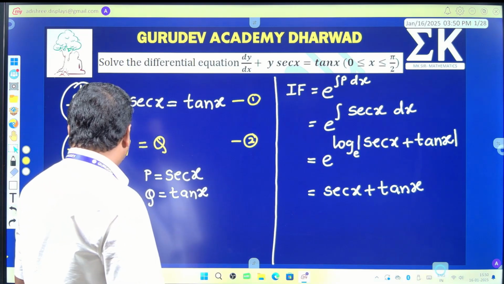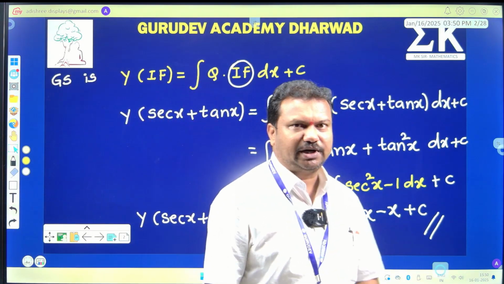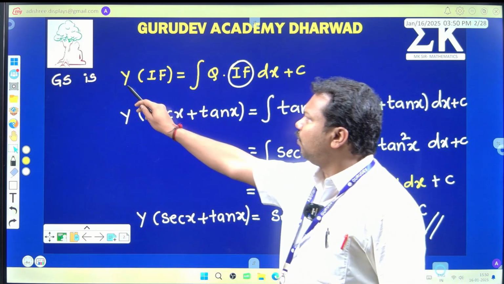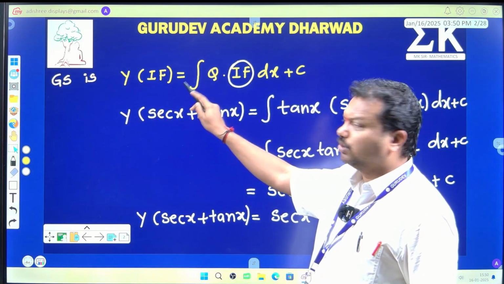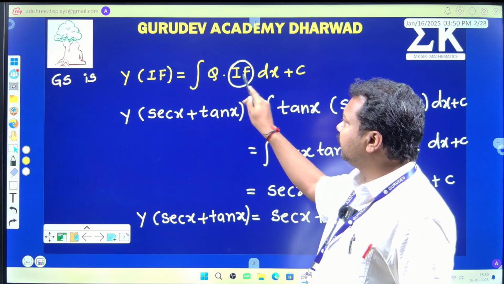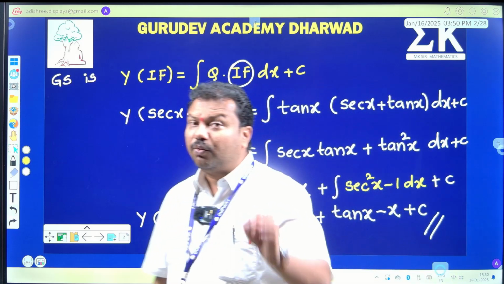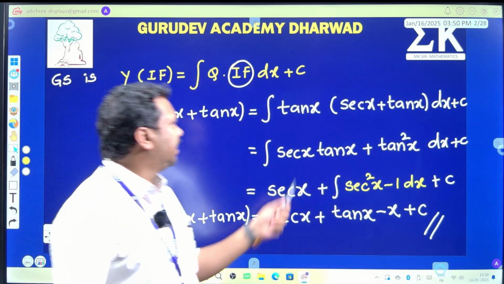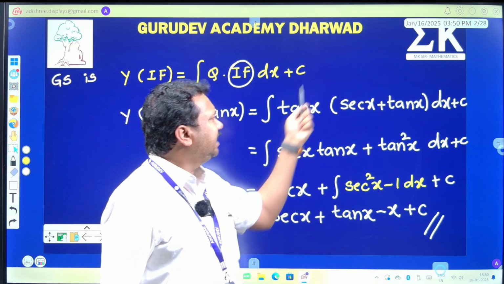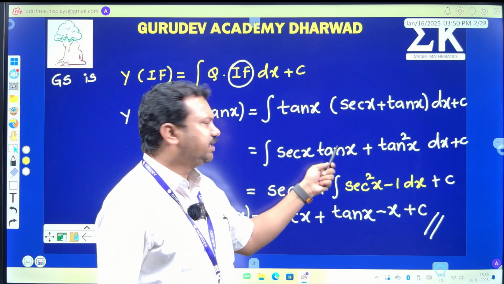Now, substitute everything in the general solution. What is the general solution formula? Y into integral factor is equal to integration of Q into integral factor dx plus c. Substitute the values, then integrate. While integrating, take care: the integration of tan x into secant x is nothing but secant x, right?